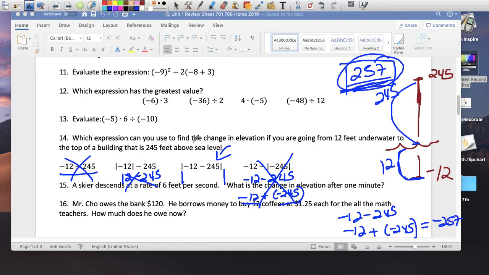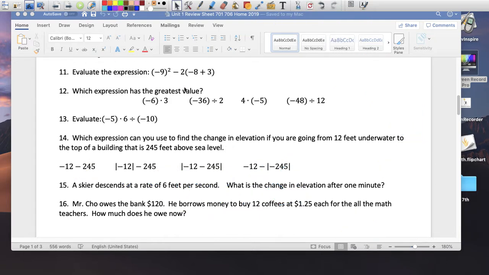You're going to say that's a negative number, but don't forget that we have an absolute value. So now I've got to take the absolute value of negative 257, which is positive 257, right? Remember, absolute value measures the distance that you are away from 0, and negative 257 is 257 units from 0, so that's why it's positive. Because that's positive, that's the answer that I want.